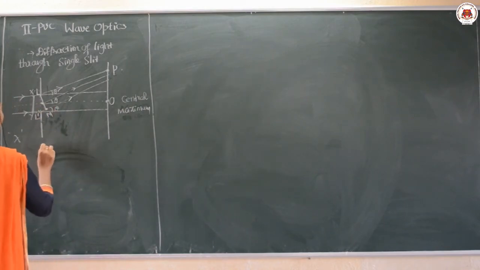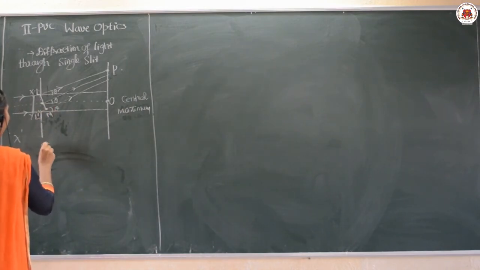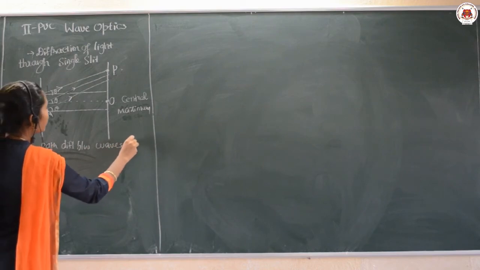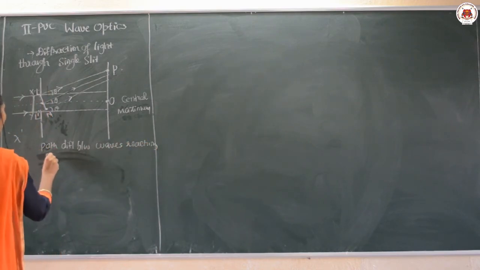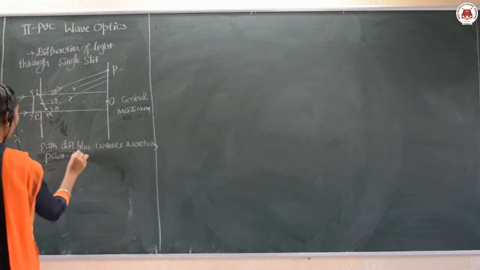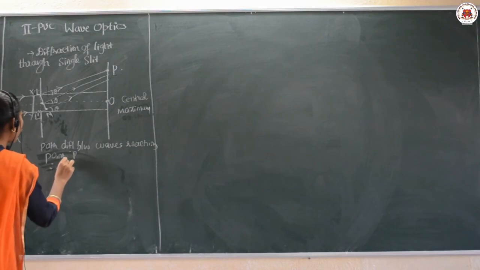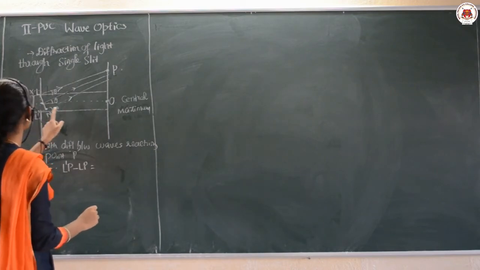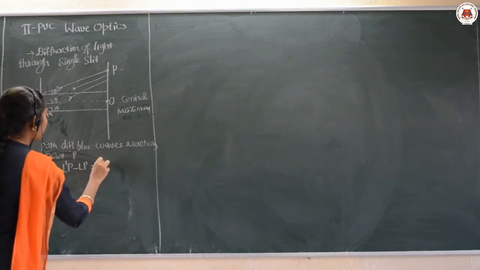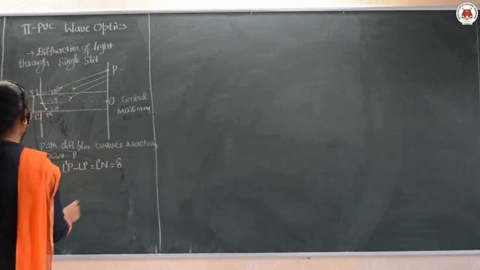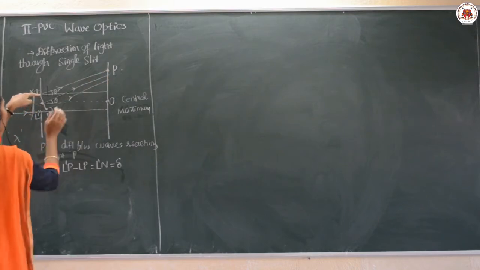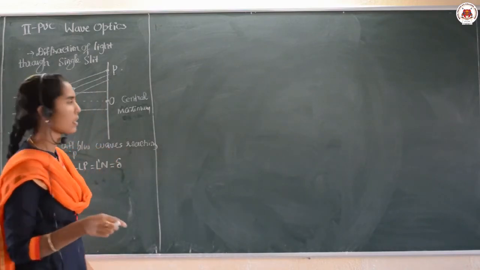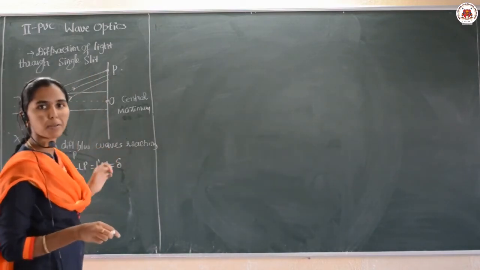If I take the path difference between the waves reaching point P, it can be given as L dash P minus LP, that is nothing but L dash N. That L dash N is the path difference between the secondary waves coming from the slit and reaching the point P here.